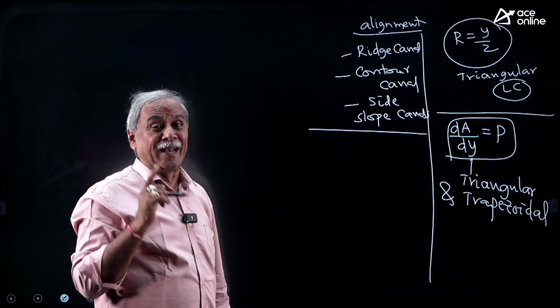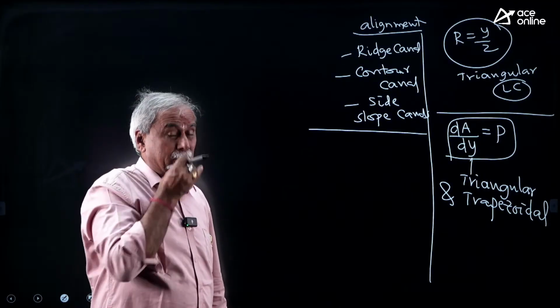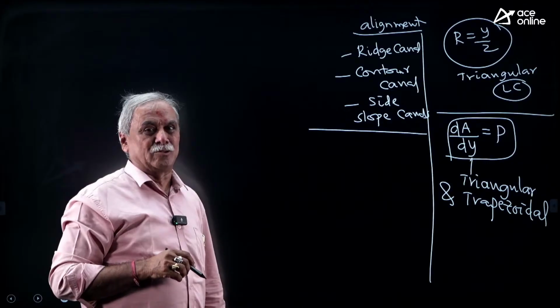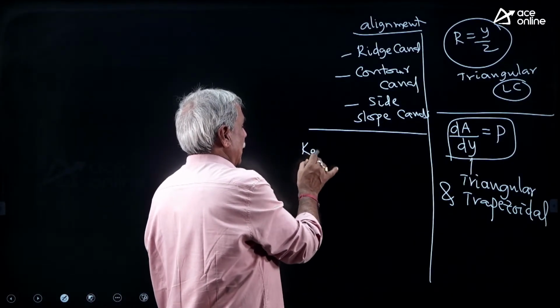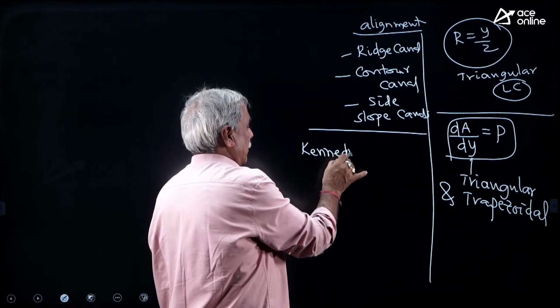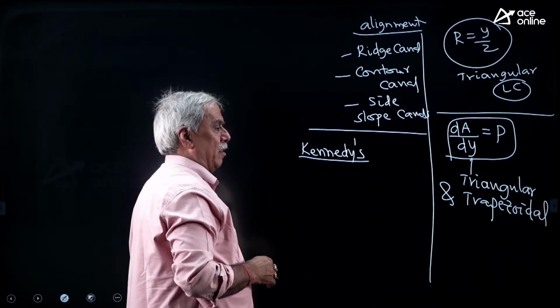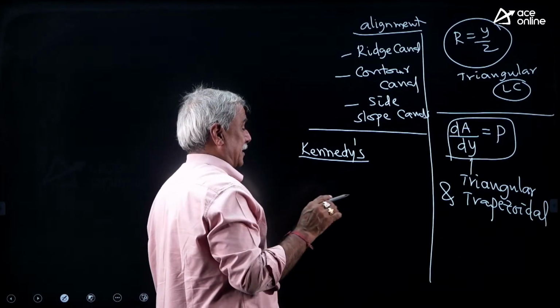In the design of unlined canals in alluvial soils, because alluvial soils are more subjected to silting and scouring, you should take maximum precaution in the design of those canals. We got Kennedy's theory. Kennedy has developed the critical velocity concept, where the quantity of silt entering is equal to quantity of silt leaving the cross section.